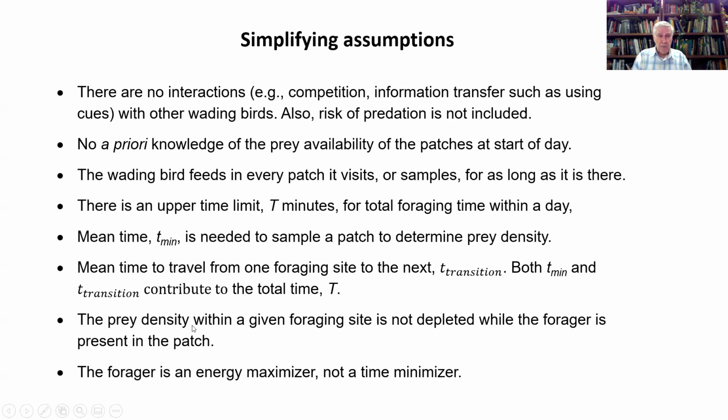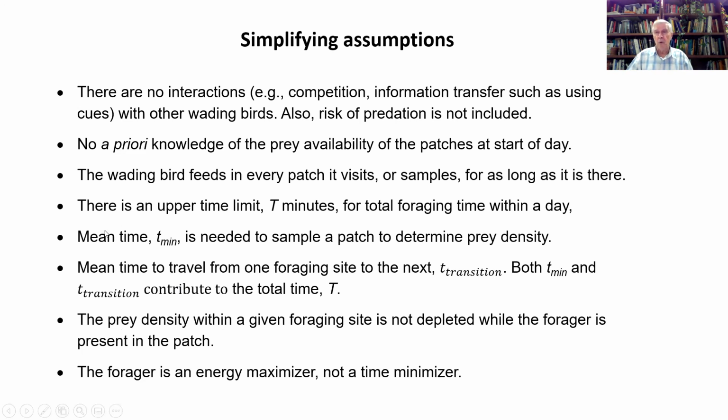Also making the assumption that prey density within a given foraging site is not depleted while the forager is present in the patch. Well, that sounds like a severe assumption, but actually it's not. Prey density may actually be increasing because evaporation causes the pond to be shrinking during a day.